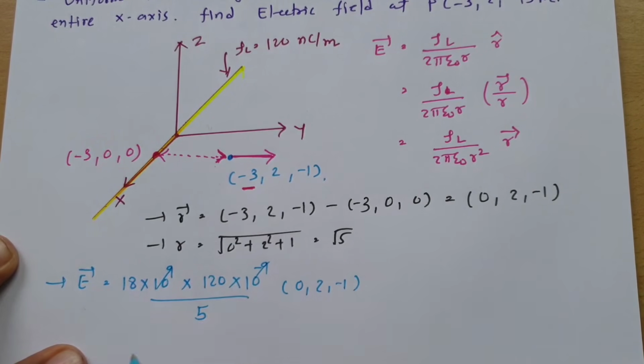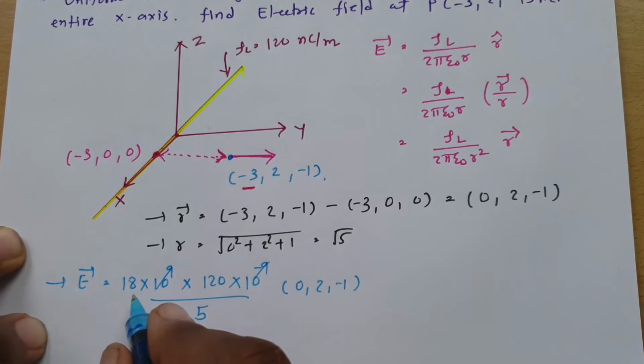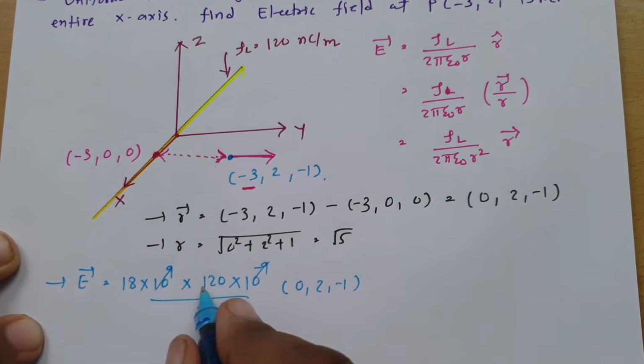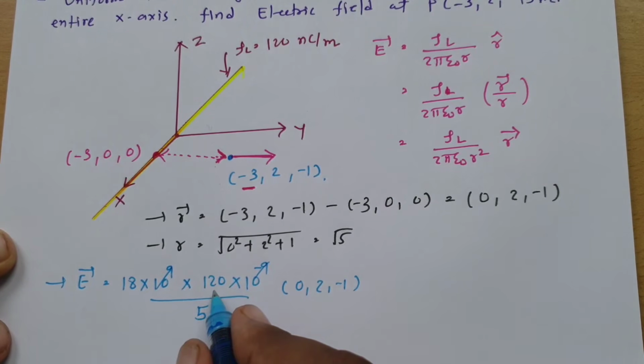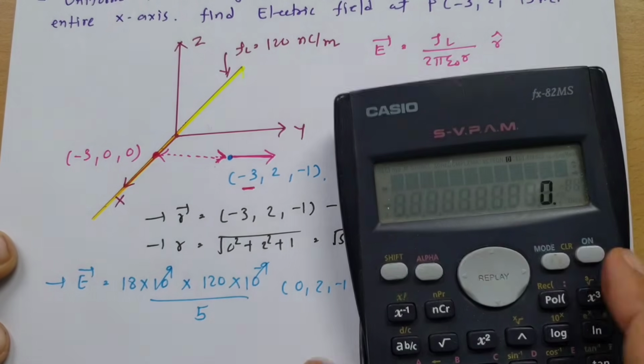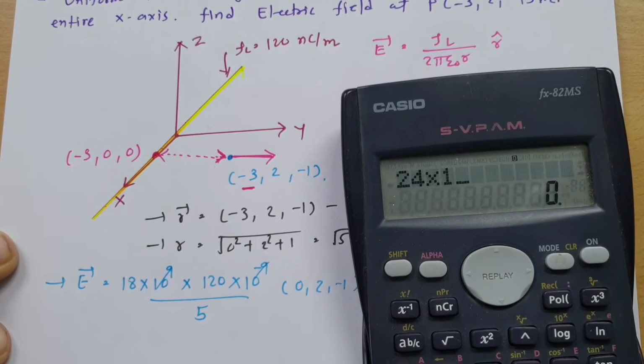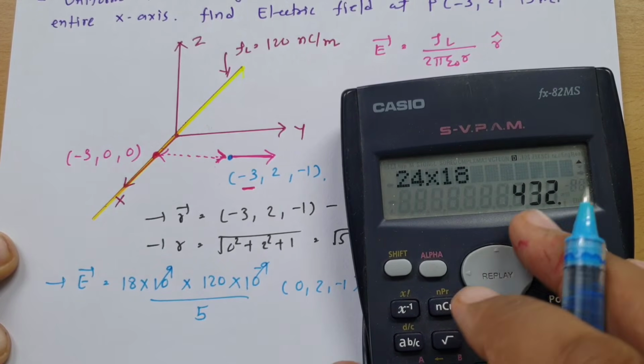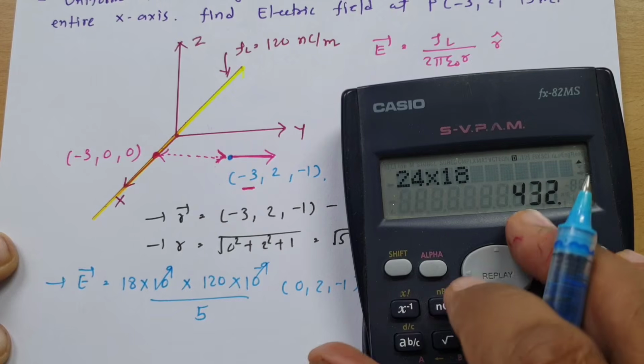Now you see this will get cancelled. 120 into 18 divided by 5. So 120 divided by 5 is 24. 24 into 18 is 432.